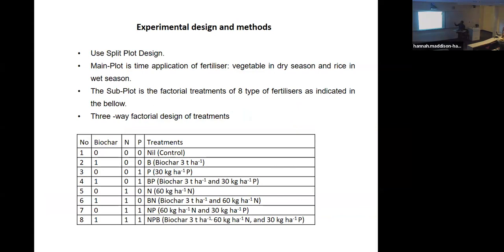So this is the main plot, and the second plot is the type of fertilizer. This is designed from a 3-way factorial of fertilizer. So this is the design. It comes up with 8 different treatments designed from nitrogen, phosphorus, and biochar. So I have 8 different treatments here.